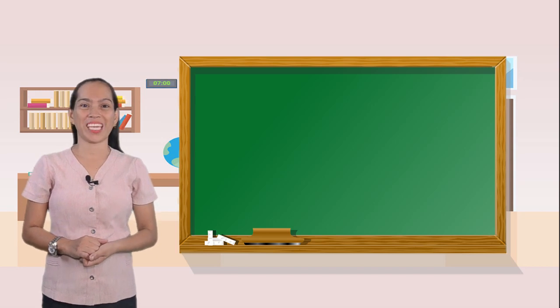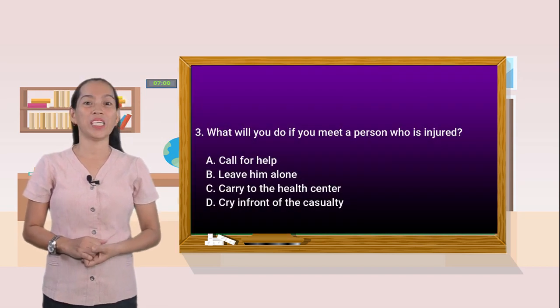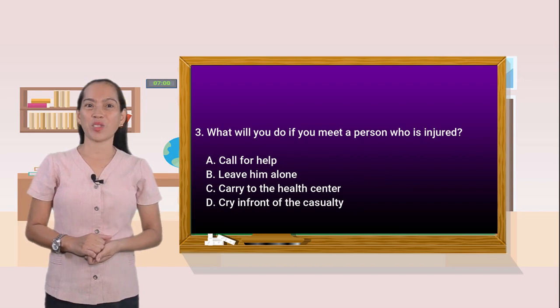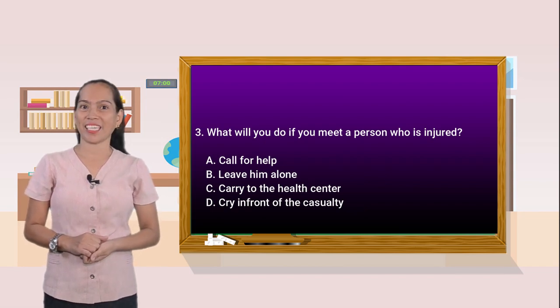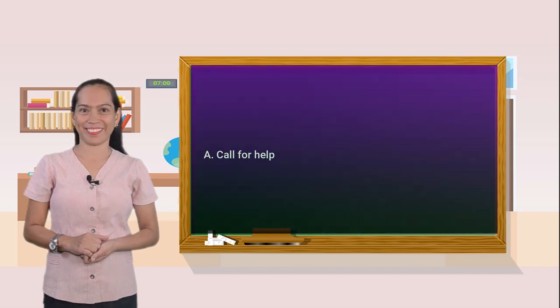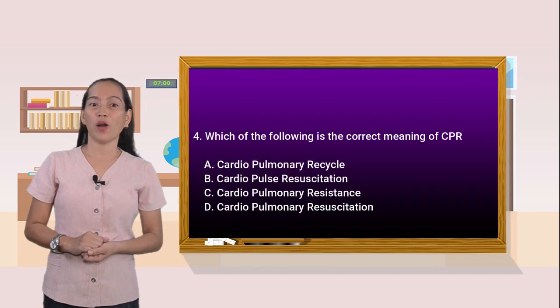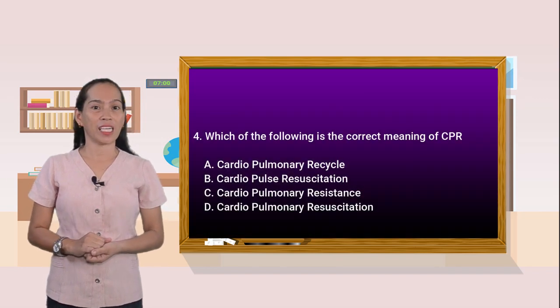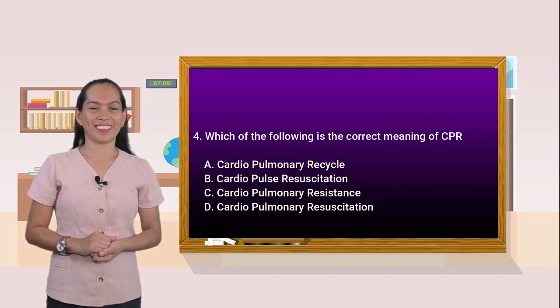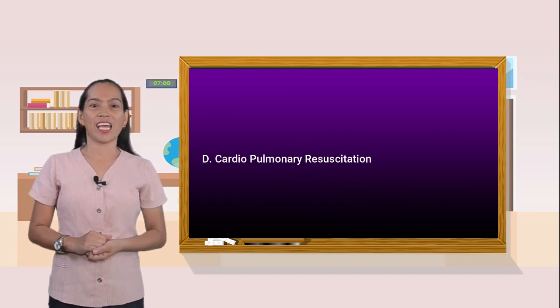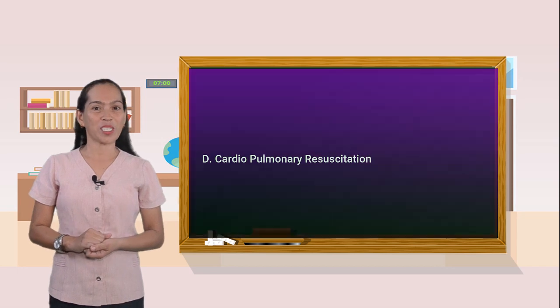Question number 3. What will you do if you meet a person who is injured? The correct answer is letter A, call for help. Question number 4. Which of the following is the correct meaning of CPR? The correct answer is letter D, cardiopulmonary resuscitation.